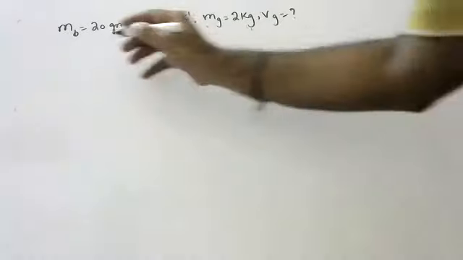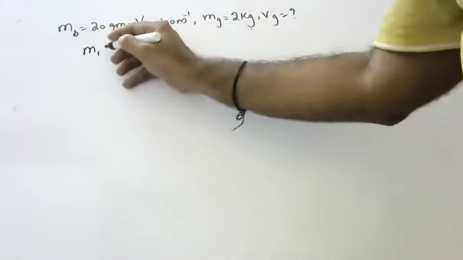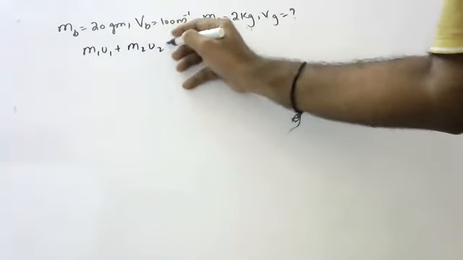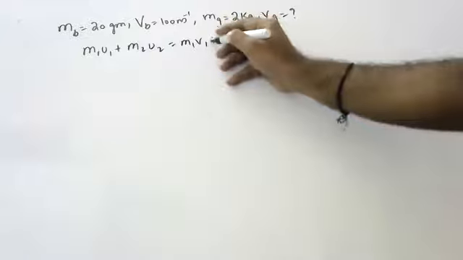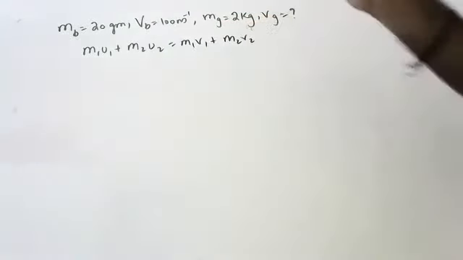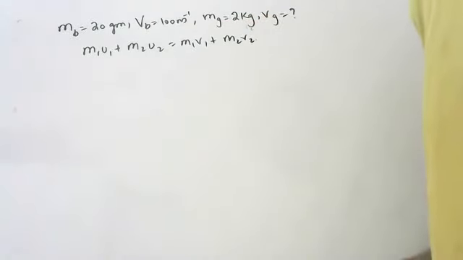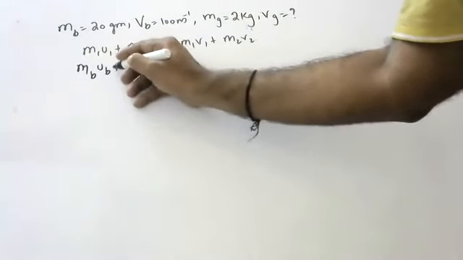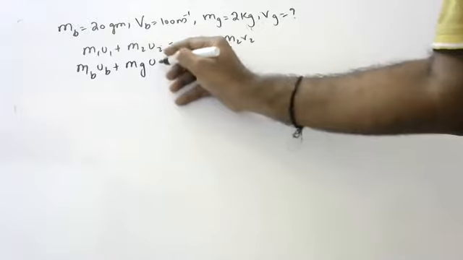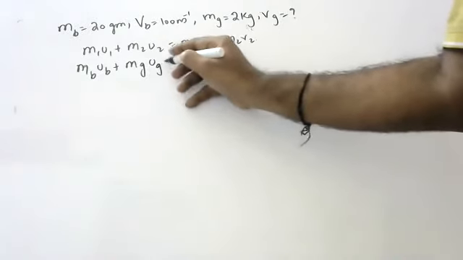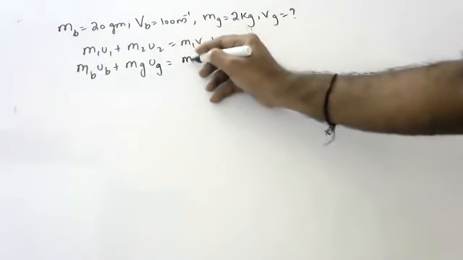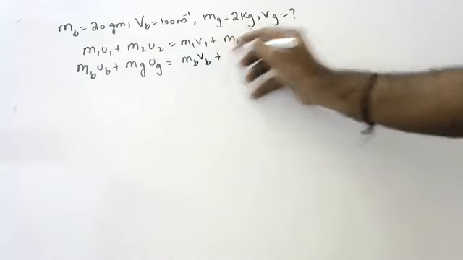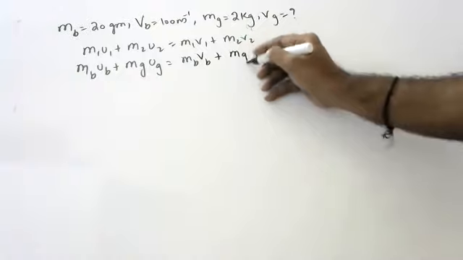Momentum before collision equals momentum after collision. Now tell loudly. Mass of bullet into initial velocity of bullet, plus mass of gun into initial velocity of gun, equals mass of bullet into final velocity of bullet plus mass of gun into final velocity of gun.